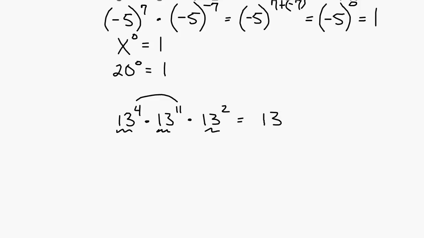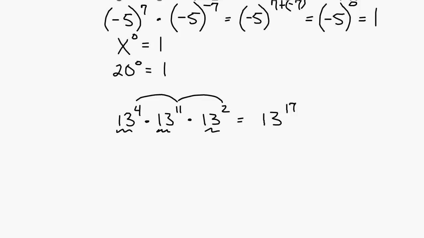So you got 4 plus 11 plus 2 more. So 4 plus 11 is 15, plus 2 more is 17.